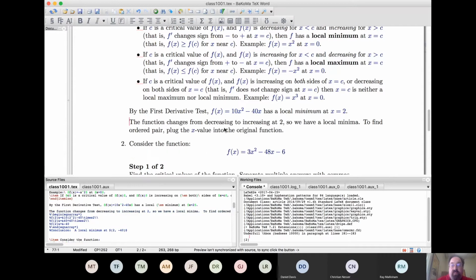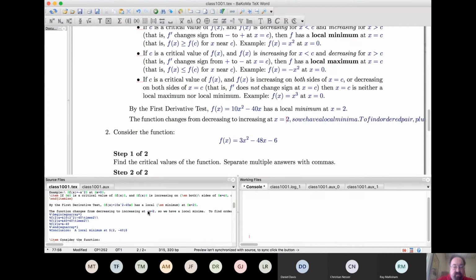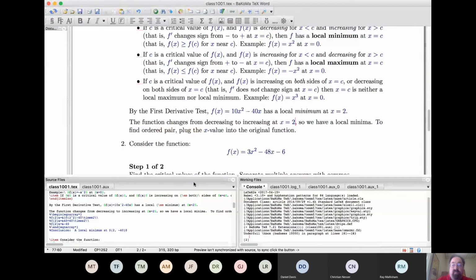Why? Because the function changes from decreasing to increasing at 2. So that's a local minimum.